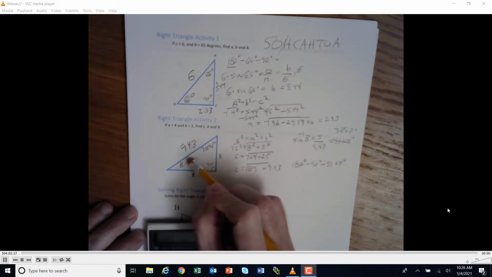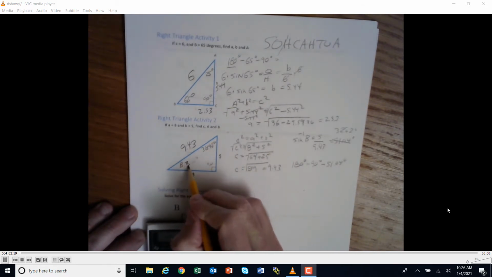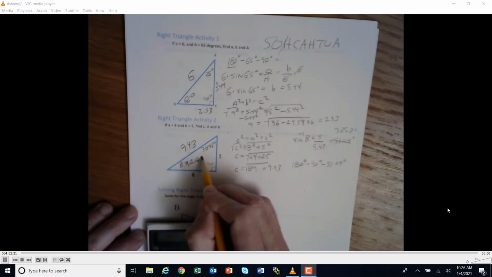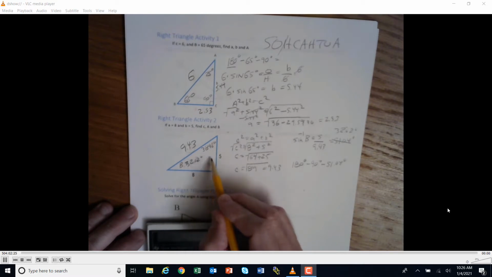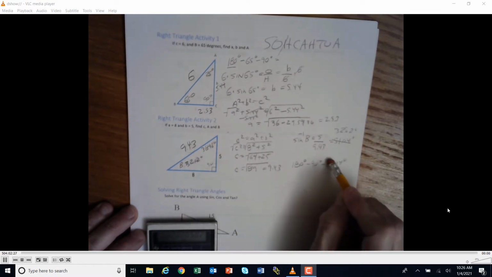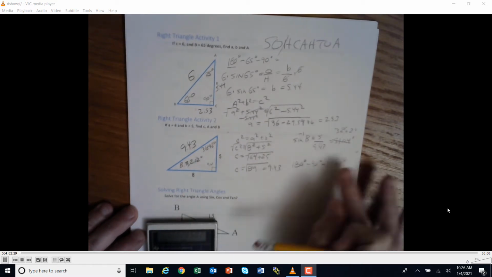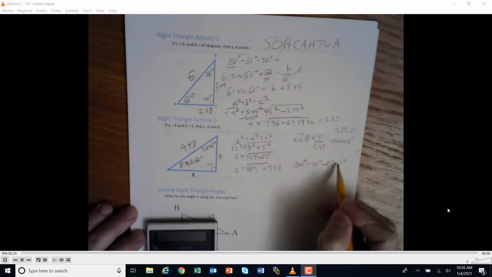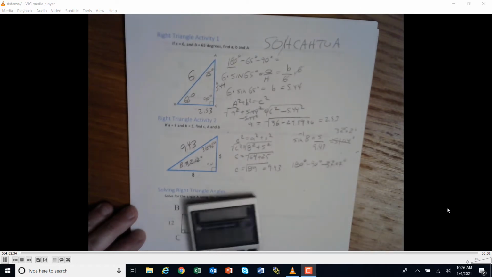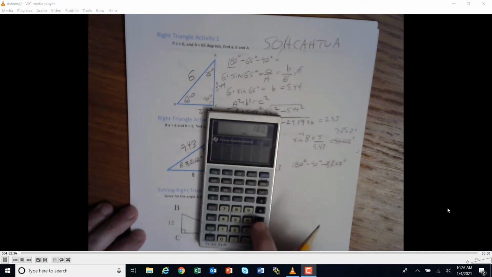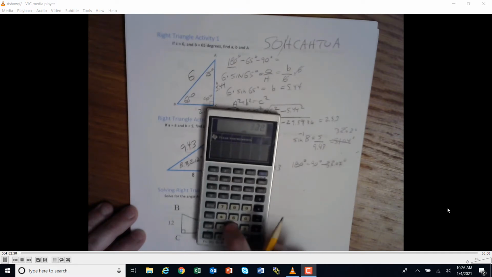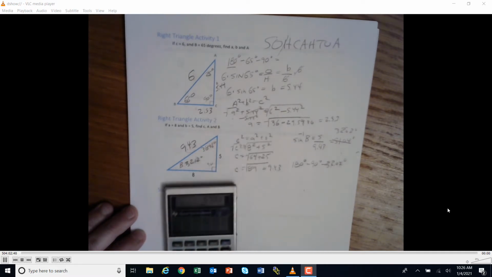Well, what I did is I looked at my answer and it didn't really make sense, because you'd expect the smaller side to have a smaller angle. So now when I run this again and put in these new values, I think I'm going to get something better. 180 minus 90 minus 32.02. I get 57.98.